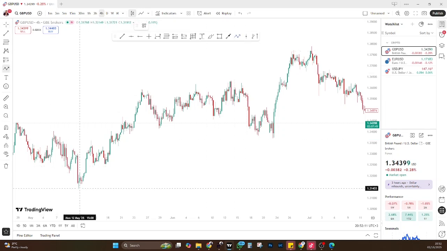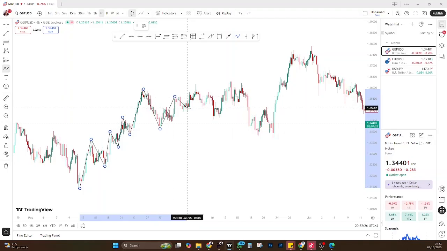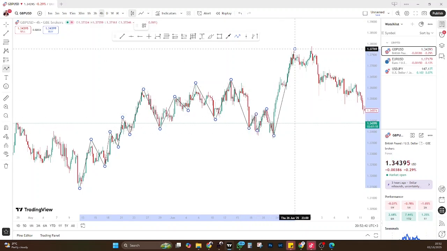The market is making a series of higher highs, higher lows, higher highs, higher lows, because this low must take out the previous one, and this is happening until we got here when we made a higher high.